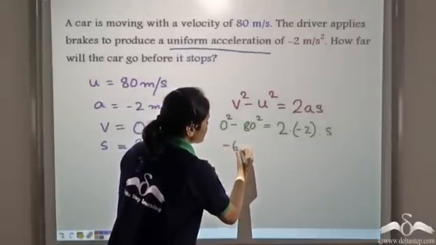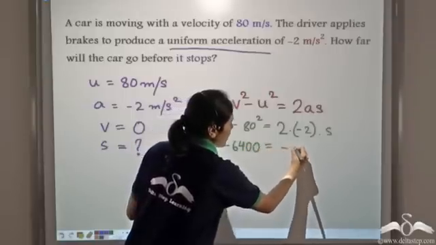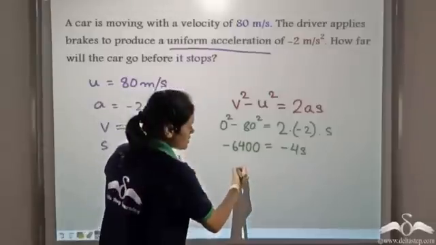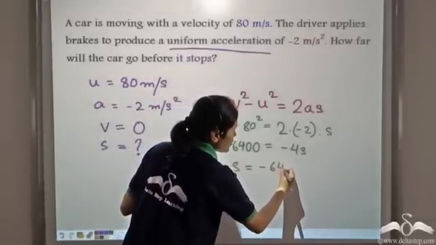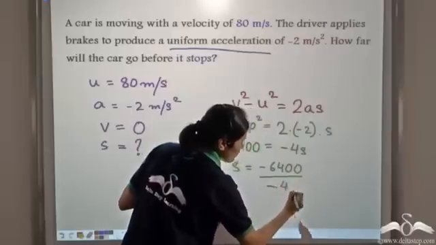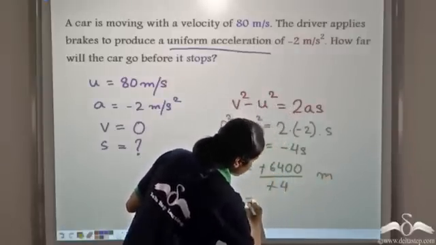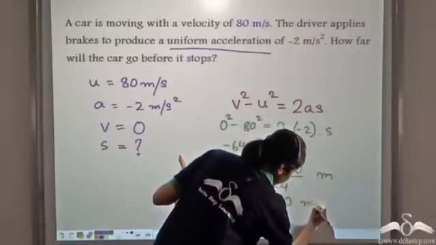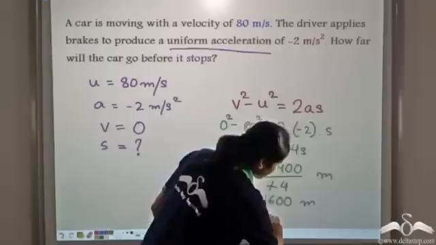Minus 80 square is minus 6400, which is equal to minus 4S. So S is equal to minus 6400 divided by minus 4 meters, which gives us 1600 meters. So this is the final answer.